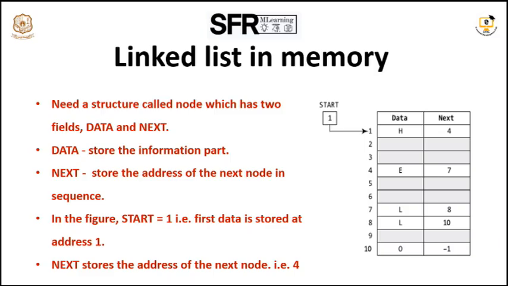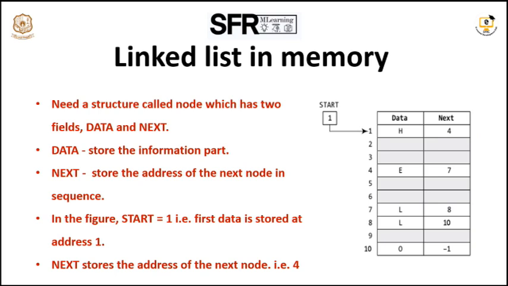In order to form a linked list, we need a structure called node. It has two fields, data and next. Already we know that data stores the information part and next stores the address of the next node in the sequence. In the figure the start value is mentioned as 1. So the first data is stored at address 1.